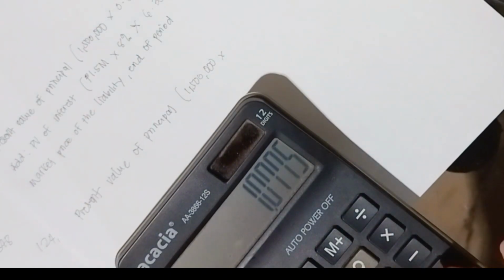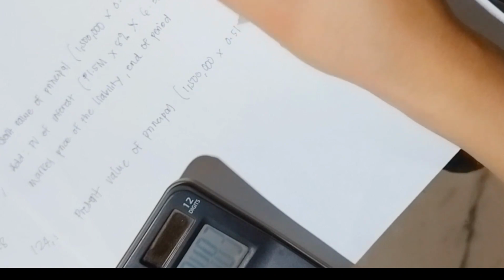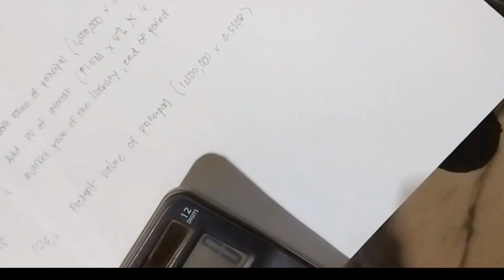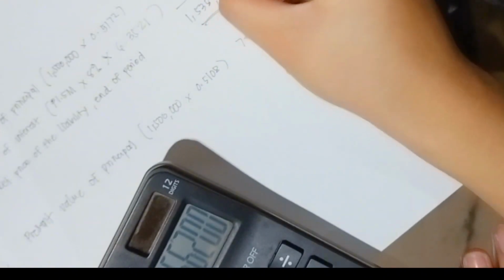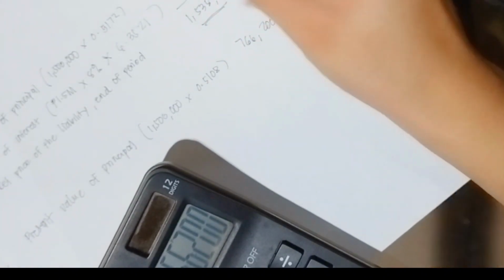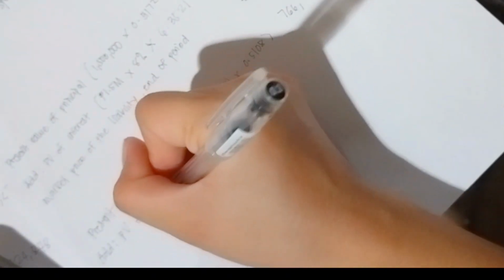For 9 periods, we have 1, 2, 3, 4, 5, 6, 7, 8, 9. We get 0.5108. So 1,500,000 multiplied by 0.5108, we get 766,200.